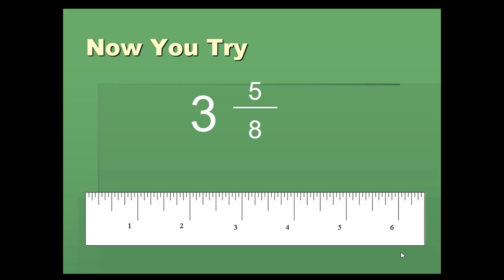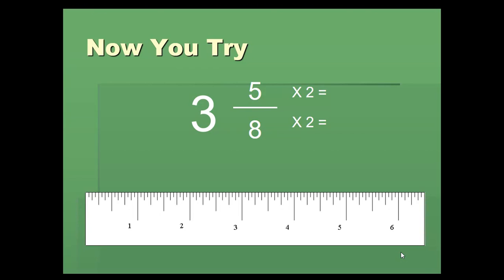Okay, so now when we look at 3 5/8, the first thing we have to do is identify our inch, which is 3. But before we go any further, let's look at that fraction, 5/8. Do we have 16 on the bottom? No. So how do we get 16 on the bottom? We're going to multiply the top and bottom of the fraction by 2.